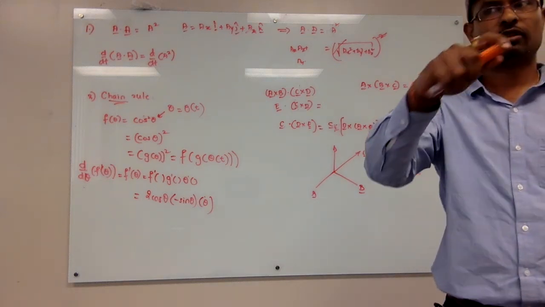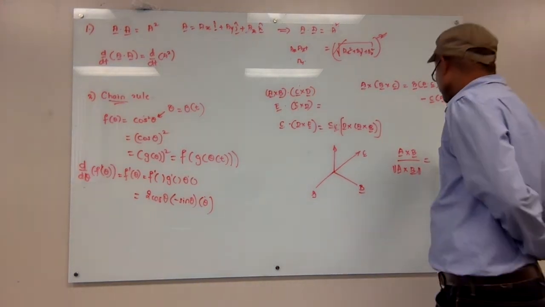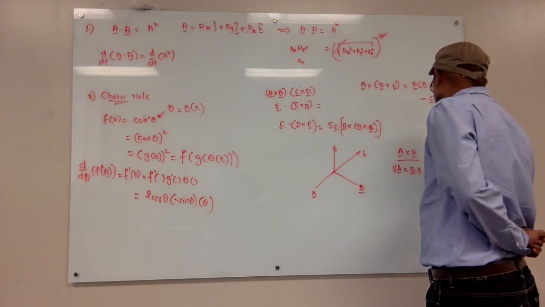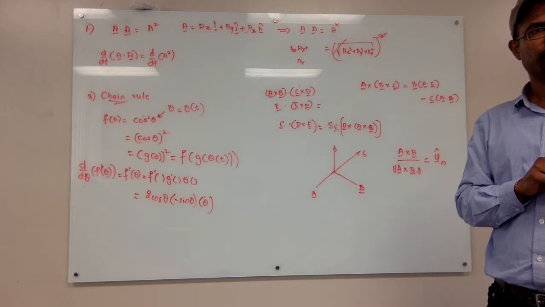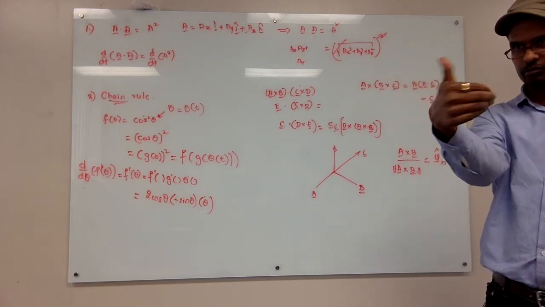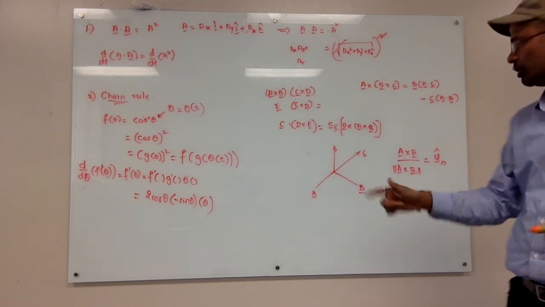The notation is in there. Everybody gets this? So A cross B is this way.